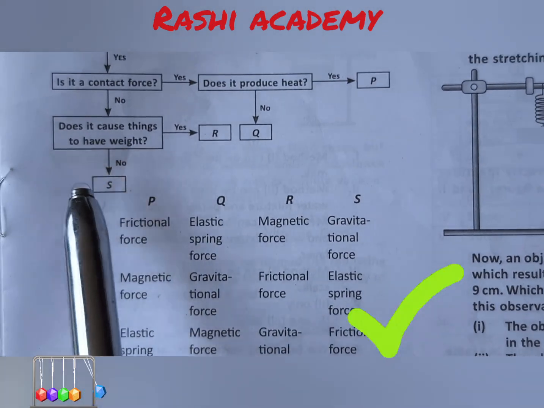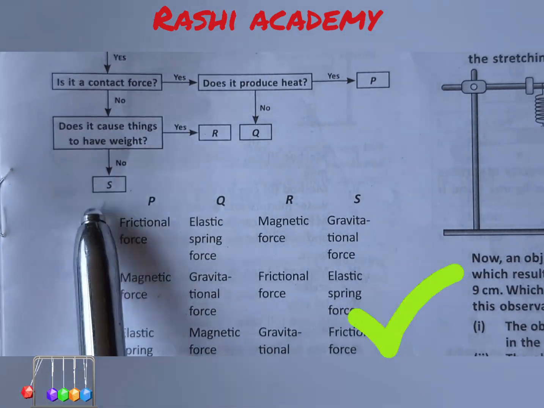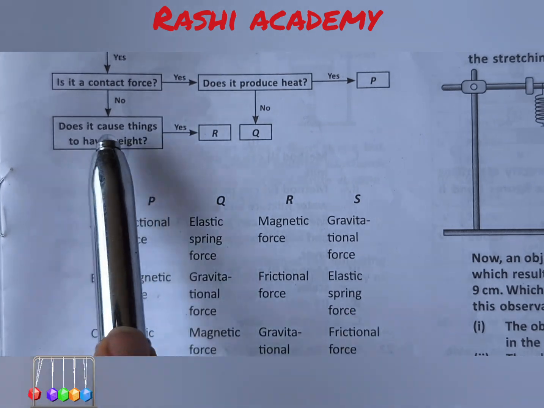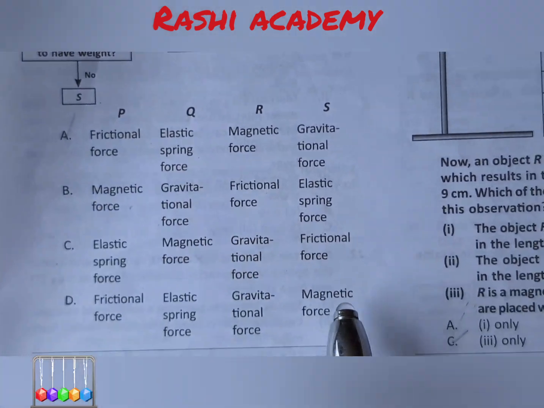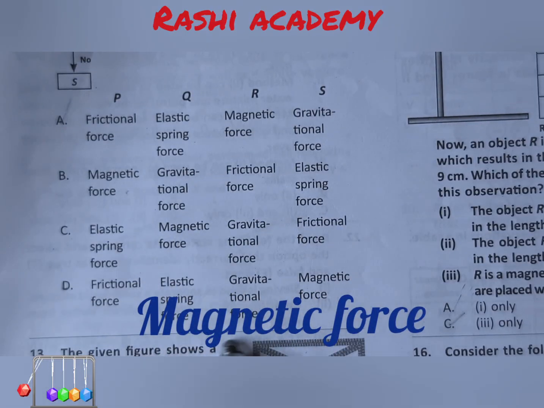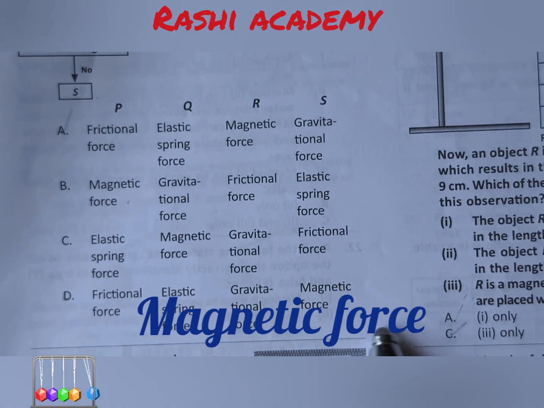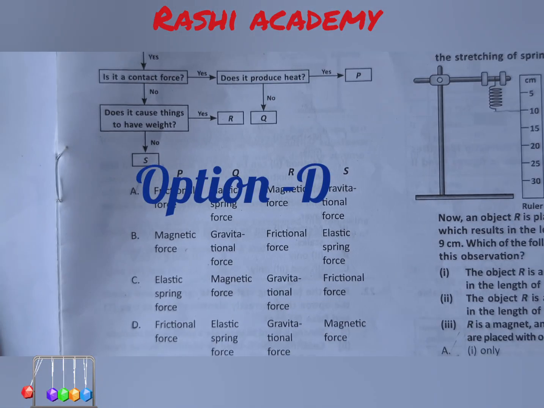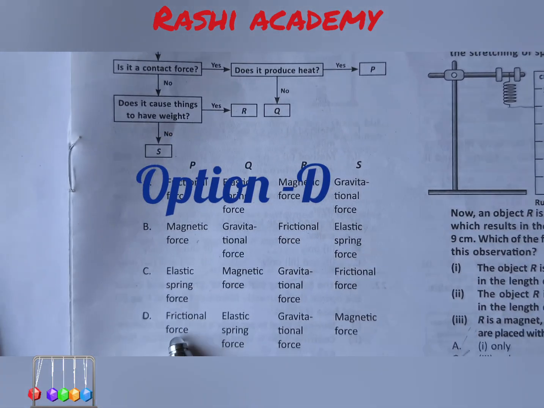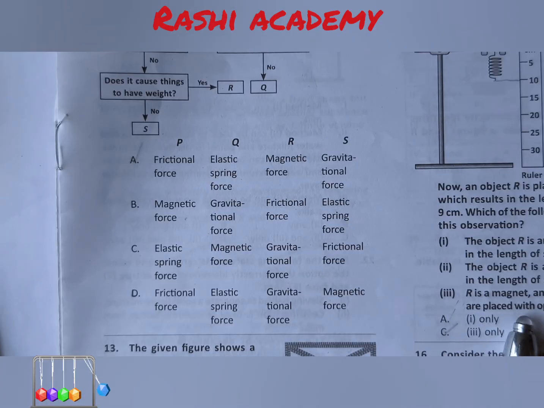So what is S? Which type of force is S? Does it cause things to have weight? It says no. S is the magnetic force. So our option D is the correct option. In this question, option D is the correct answer.